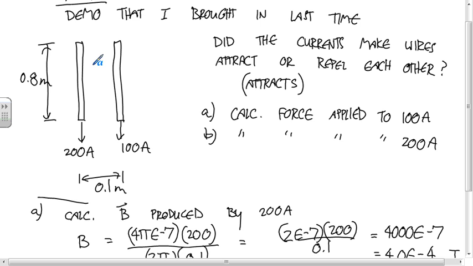So the circles are out the front, in the back, like this. And so on this side of the 200 amp wire, the magnetic field vectors are pointing into the board. And on this side, they're pointing out of the board. Anyone confused about that?